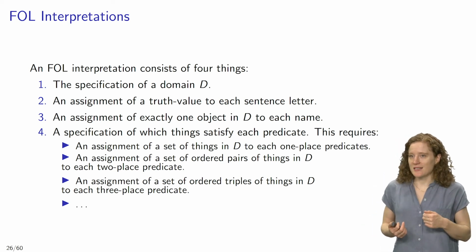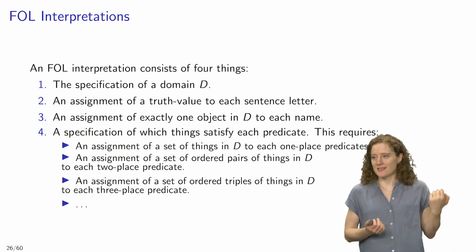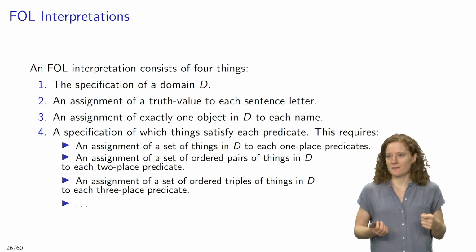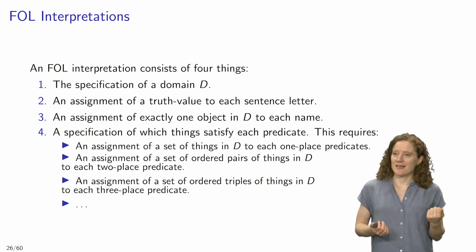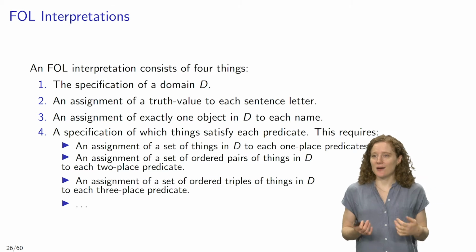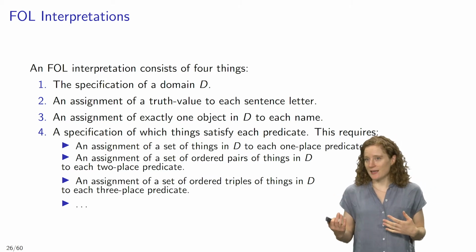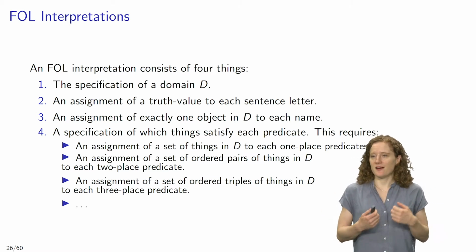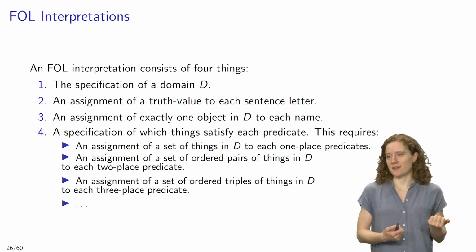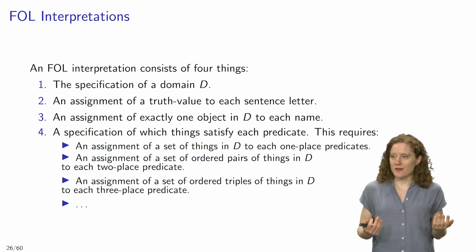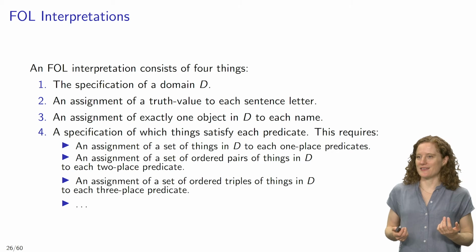Then we need to assign a truth value to each sentence letter in FOL. We need to assign exactly one object in our domain D to each name. And we need to specify which things satisfy each predicate. Depending on the predicate, this may require different things.